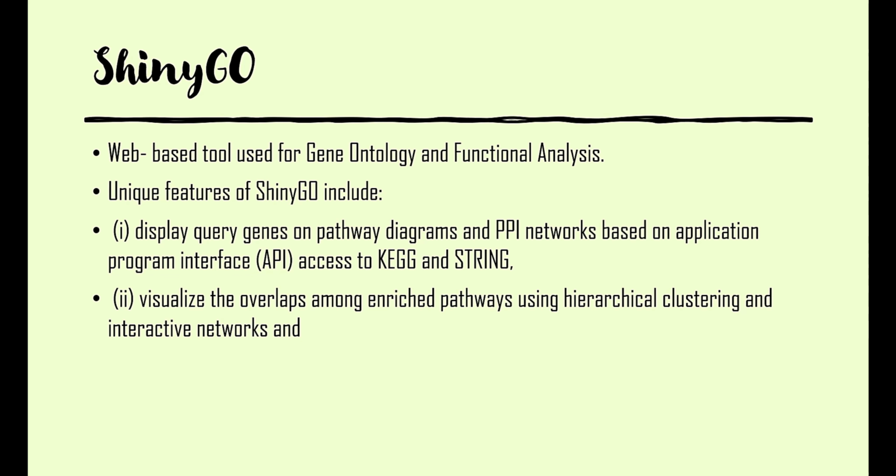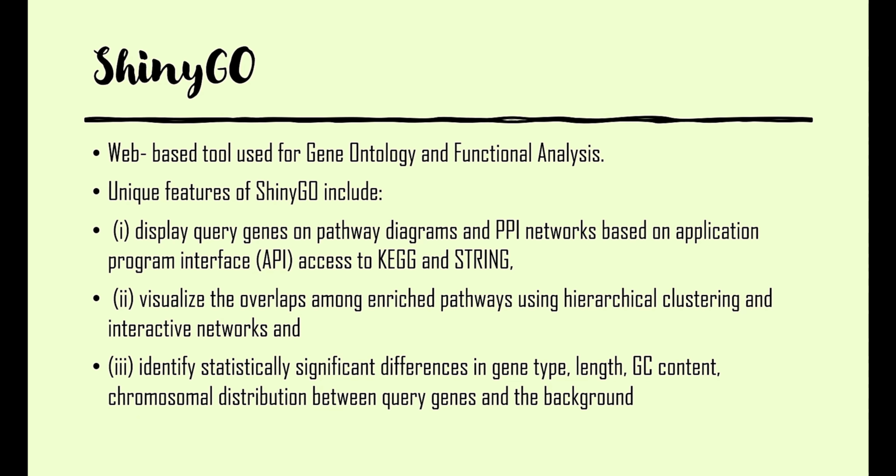It has another unique feature: it identifies the differences in gene type, length, GC content, and chromosomal distribution between query genes and the background. In the background we take all the other genes, like for example, we have taken the list of genes.